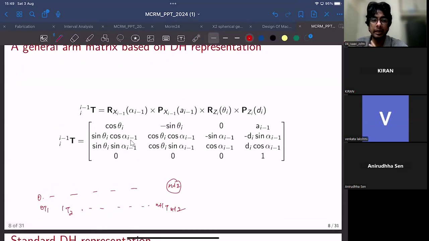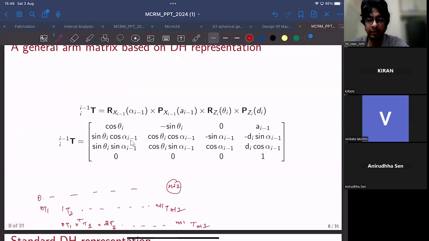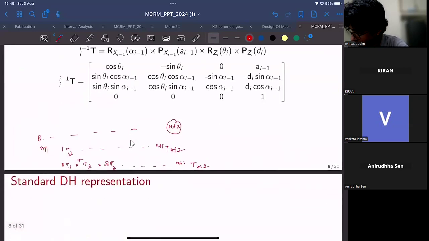To finally get the kinematic relationship between the 0th frame and the (n+1)th frame, you only need to multiply their corresponding individual transformation matrices. This will give you the final kinematic relationship of the tool with respect to a fixed frame at the base.